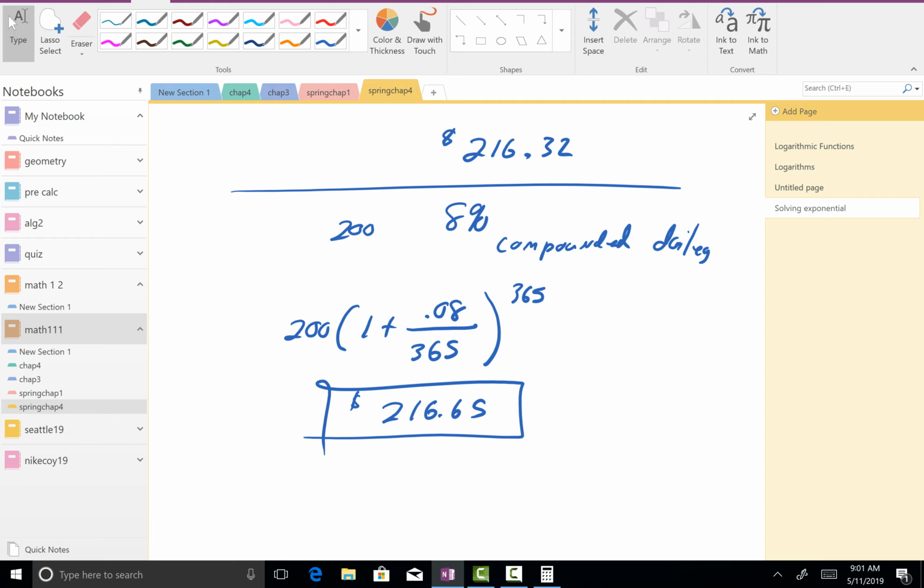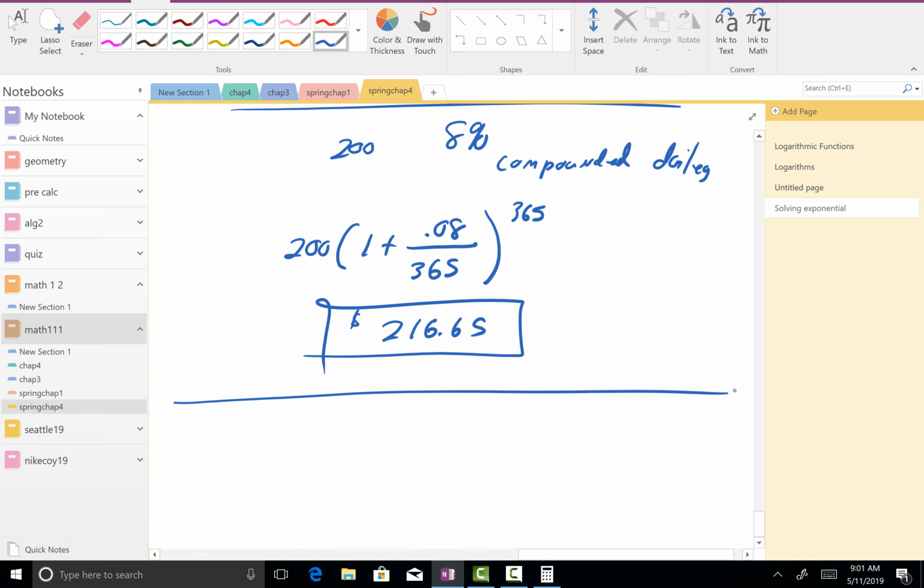Okay, so try this out. Put this in decimals, because I'm not sure exactly how my calculator is going to handle it. So let's say we did the same thing, but we're going to compound it every second.